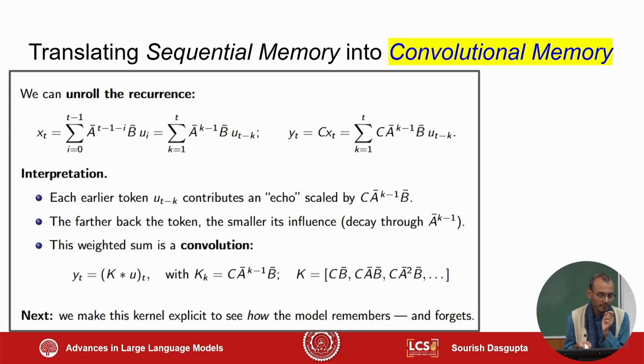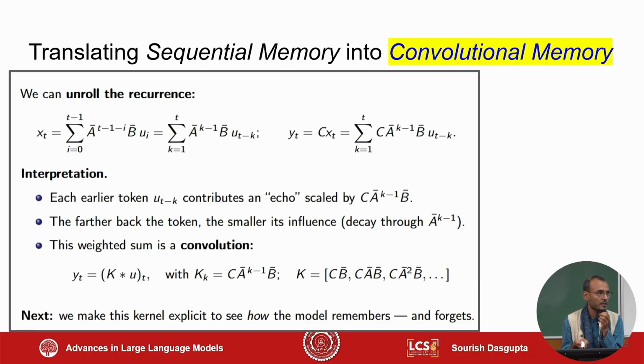And then what you do, you plug that into your C x_t. So you have the C matrix, and in x, instead of x, you plug this summation. So C multiplied by the summation.